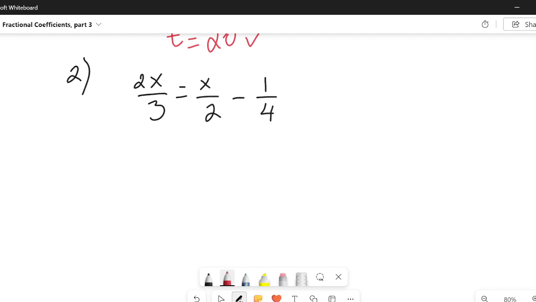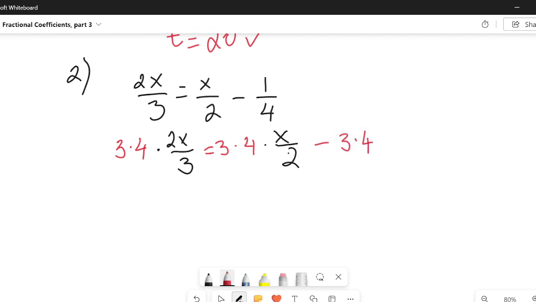So we're going to multiply by 3 times 4. Here we're going to have 2x over 3, here x over 2, and minus 1 over 4, multiplying each term by 3 times 4.